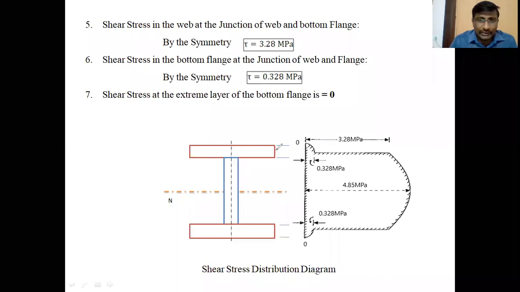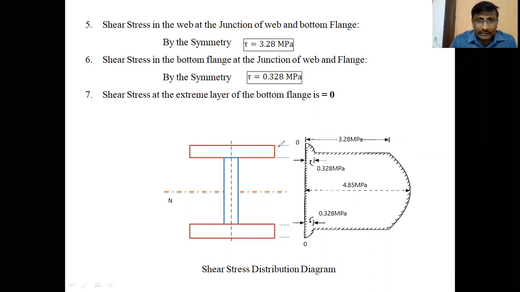From that I section, draw horizontal tracing lines from the different locations: at the extreme upper layer, at the junction, at the neutral axis, at the junction of the bottom flange, and at the extreme bottom layer. At these points, five lines should be drawn. These are the tracing lines.